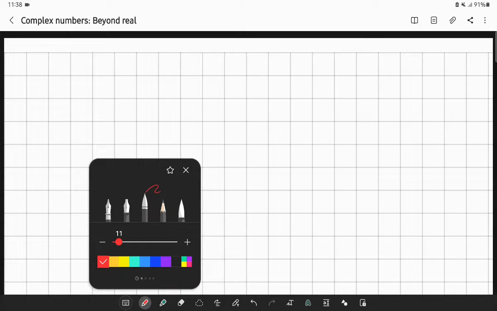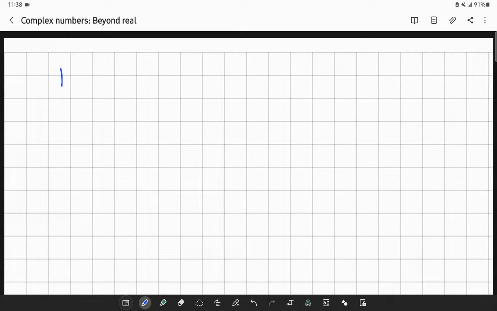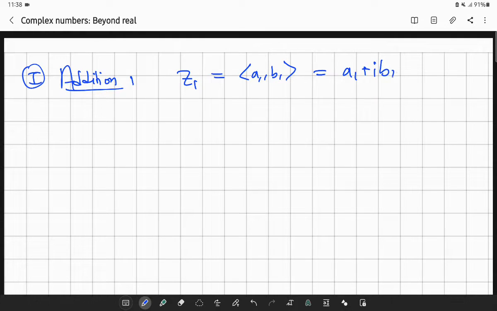So let's begin with complex addition. Suppose I have two complex numbers, z1 equals (a1, b1), by which I mean a1 plus ib1. I'm just using the same notation as we used before. And z2 equals (a2, b2). If I want to add z1 plus z2, I just add them like vectors.